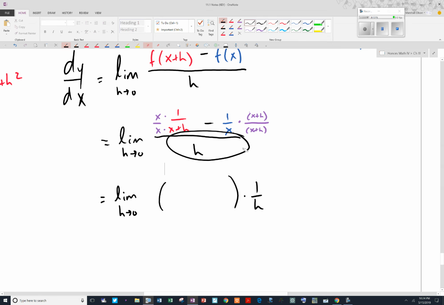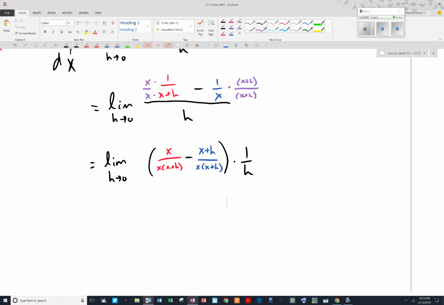So this fraction becomes x over x times x plus h, and this one becomes x plus h over x times x plus h. And then instead of putting it over h, I'm just multiplying it by 1 over h.